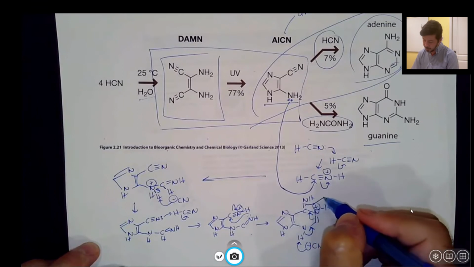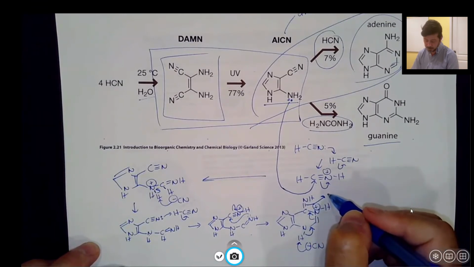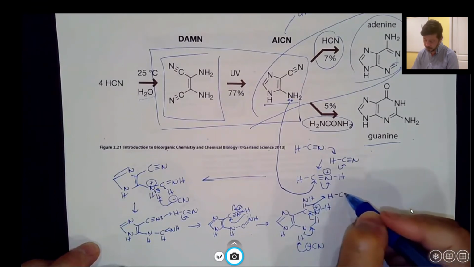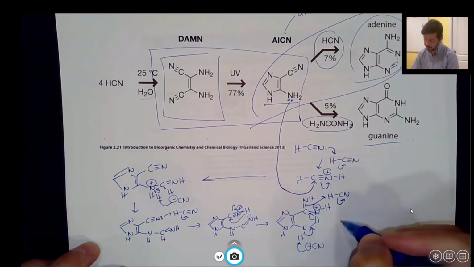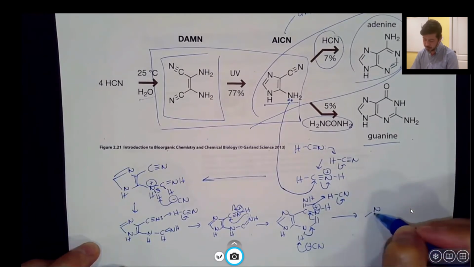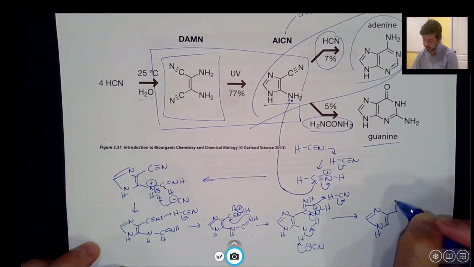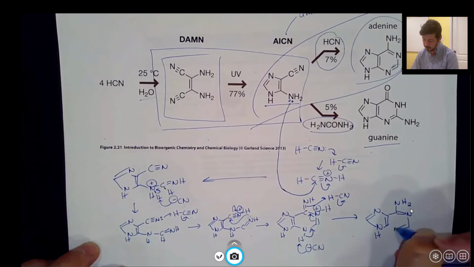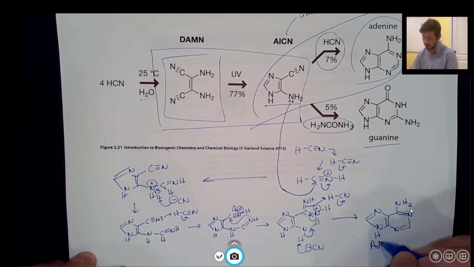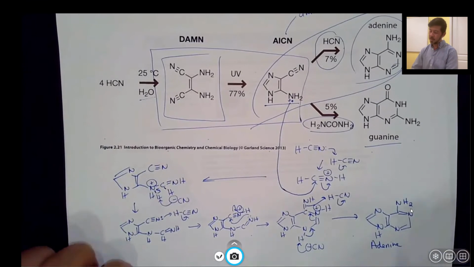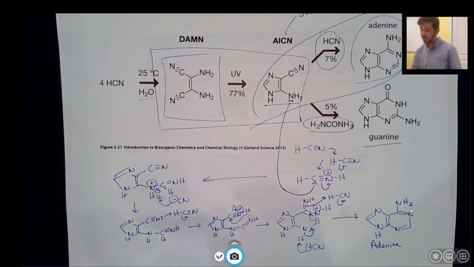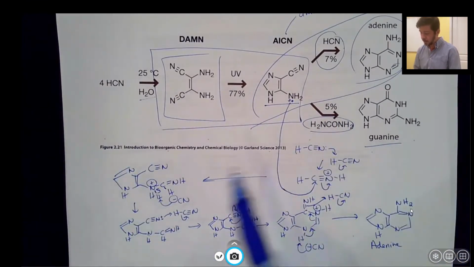And then this will come and pick up a proton from something like hydrogen cyanide. And that will give you adenine.